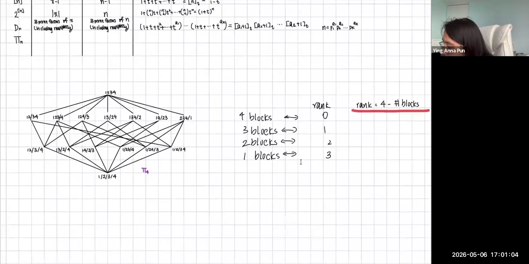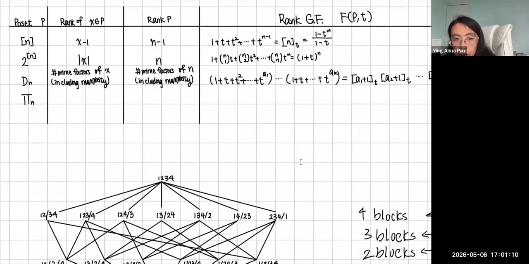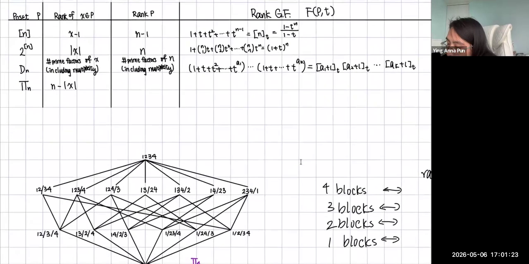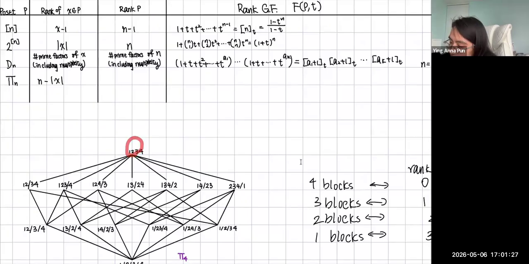And what is this 4? Well, the 4 is this 4. That's the n. So in general, your rank is n minus the number of blocks inside X. I'm just going to write the size of X, which is the same as the number of blocks. And then the rank of P, well, it's the highest element. The highest element has 1 block, so that will be n minus 1.